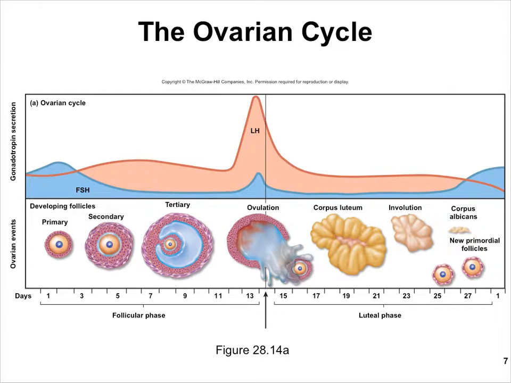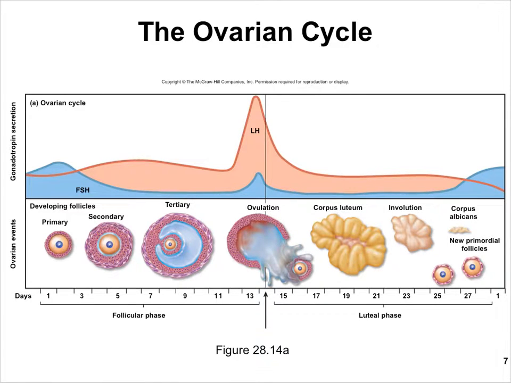Towards the end of the follicular phase, estradiol causes a surge in LH and a lesser surge in FSH as well. This surge in LH spiking is what causes ovulation to occur.